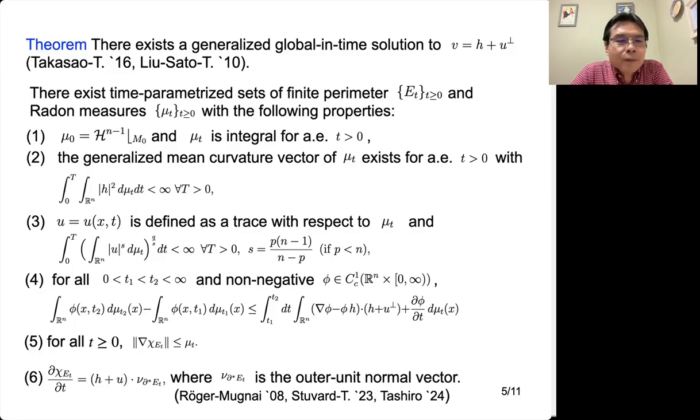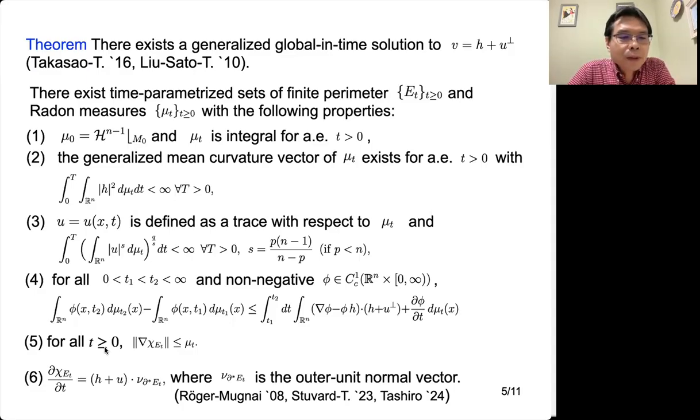Sorry, if you've never seen this, it's a bit too quick, but I want to emphasize that this inequality really is a way to describe that the motion law is satisfied. If I had more time, I'd like to explain this in more detail, but just to give you some idea. Now, we have these two objects, the moving domains E_t, but also the surface measure.